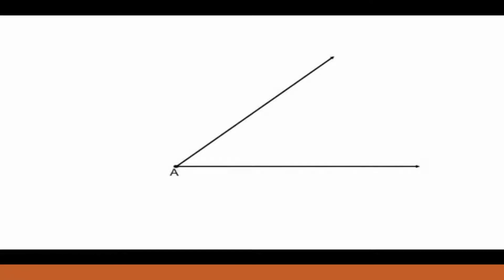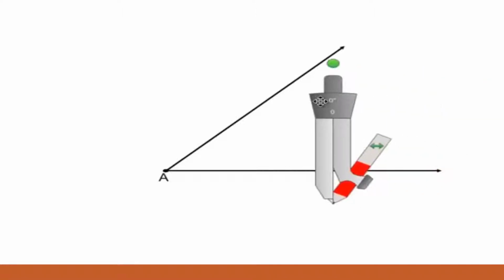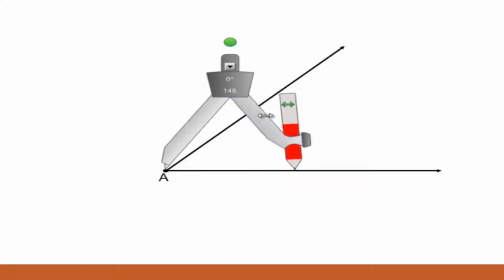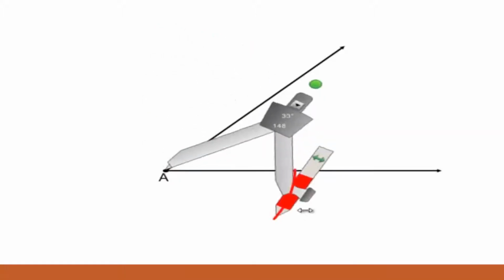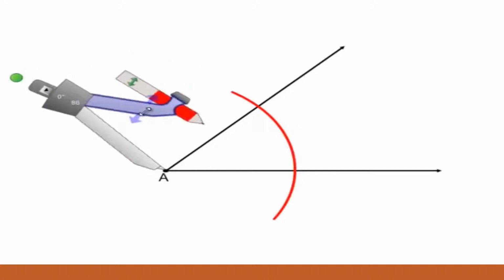So let's see. We have a given angle A, and what we're going to do is place our compass point on point A, open up our compass arm large enough so that it will be able to intersect both sides of angle A, and make an arc.